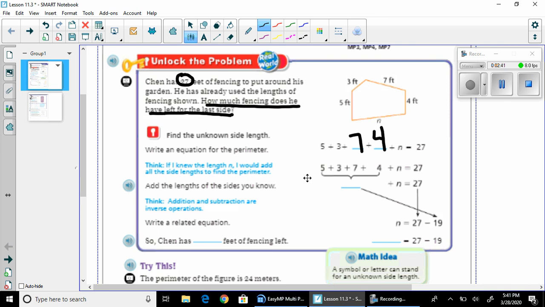Okay, so down below they drew a bar here to show which numbers to add, and then we are going to be subtracting it by our total distance. All right, so 5 plus 3 plus 7 plus 4 more would be 19. So go ahead and write 19 down below.